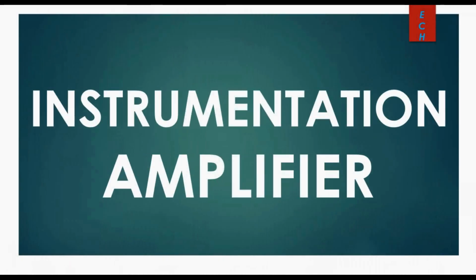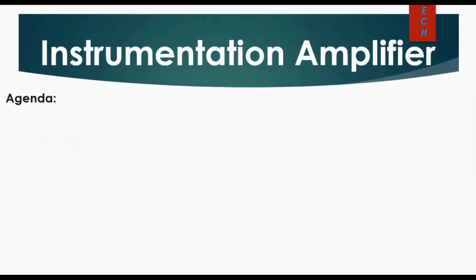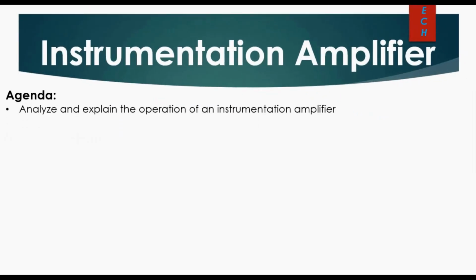So today we will understand about the instrumentation amplifier. We will see the application of the instrumentation amplifier. What is an instrumentation amplifier? Why do we need it? And what is the use of it? The basic circuit diagram of the instrumentation amplifier, right? So we will analyze and explain the operation of the instrumentation amplifier.